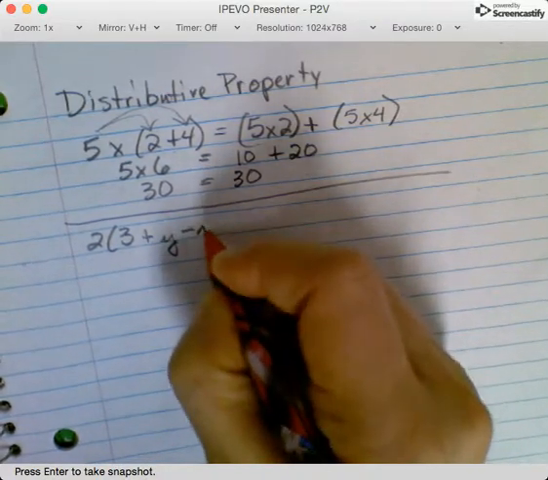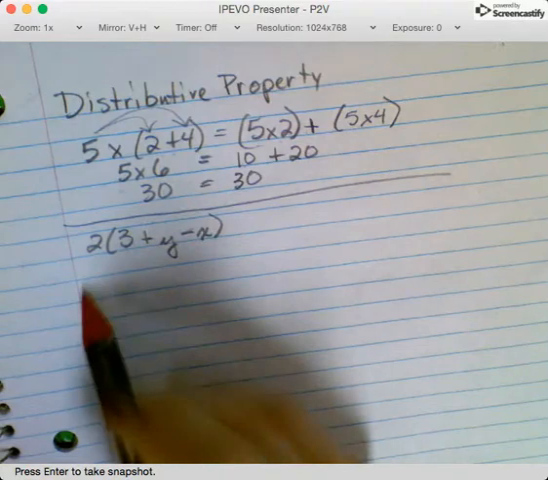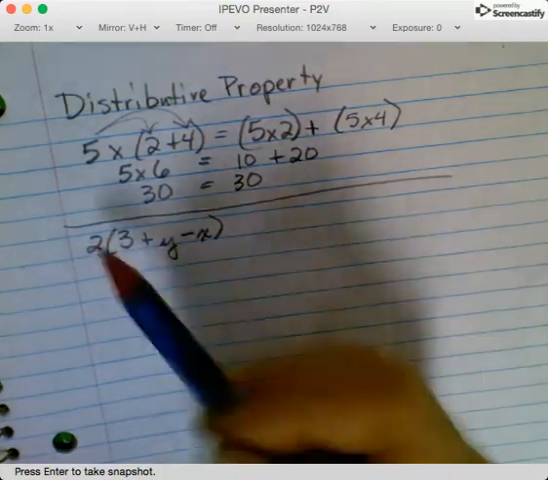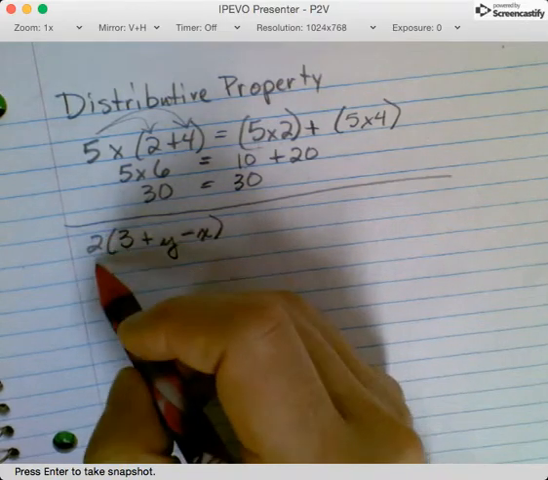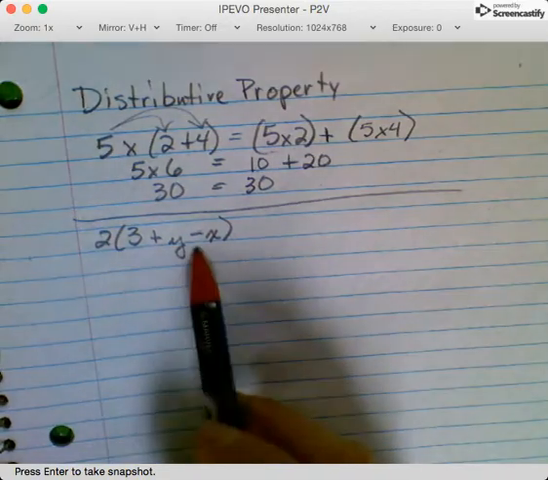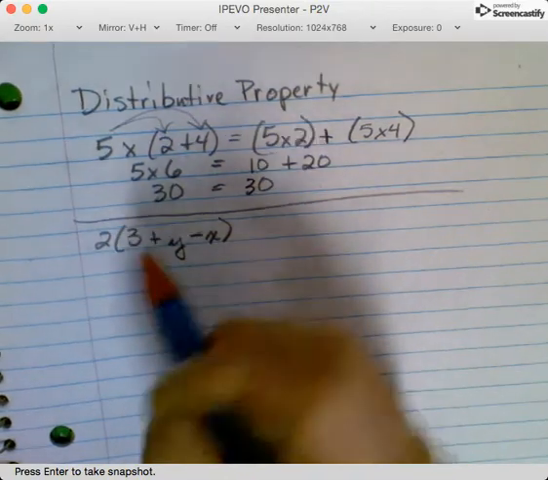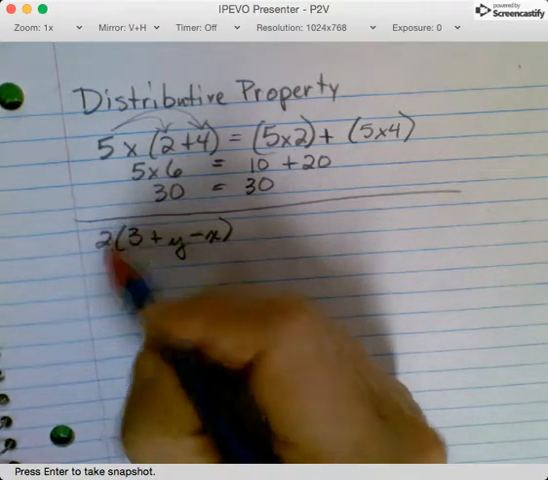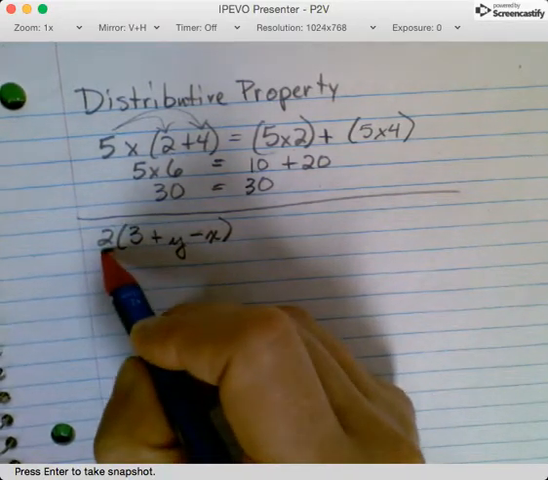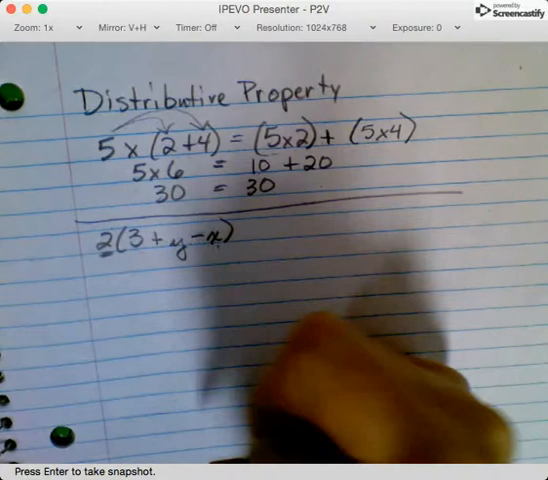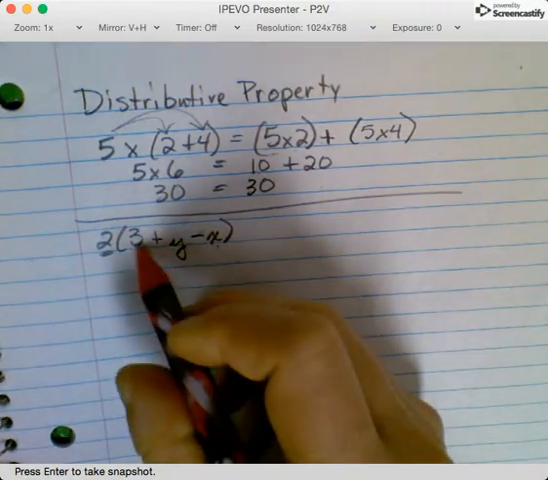So let me show you one that is put together inside of parentheses, and we're going to break that up so that it is one problem with just the addition. So for this problem, all I would have to do is multiply my 2 on the outside times everything individually, and then the signs stay the same in between each one.